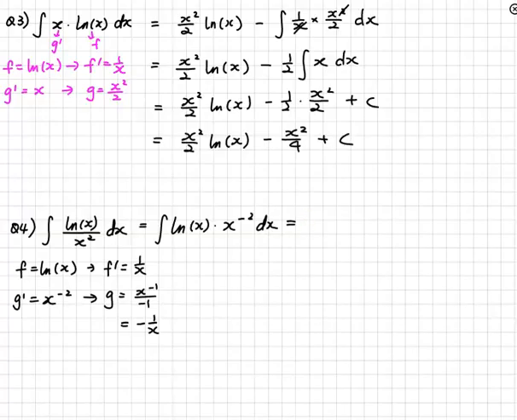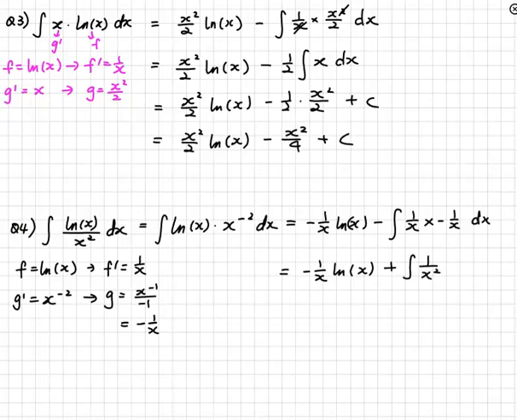So that will give us negative 1 on x, natural log of x, minus integration of f dash, which is 1 on x, times g, negative 1 on x, dx. So this will give us the natural log term, and then with negative 1 on x, negative becomes positive, so it's positive integration of 1 over x squared dx, which is actually the same as x to the power of negative 2.